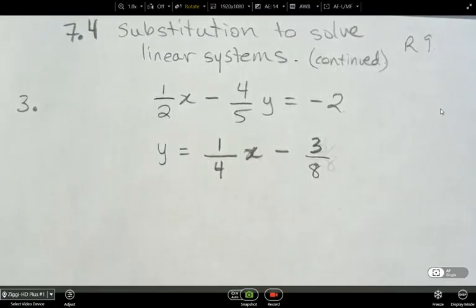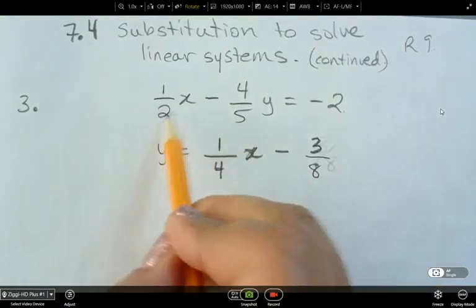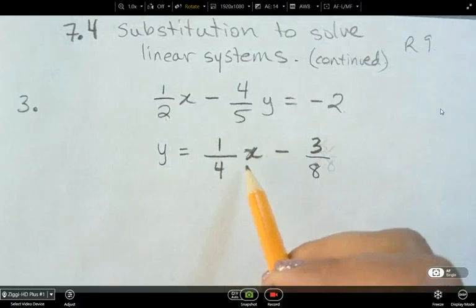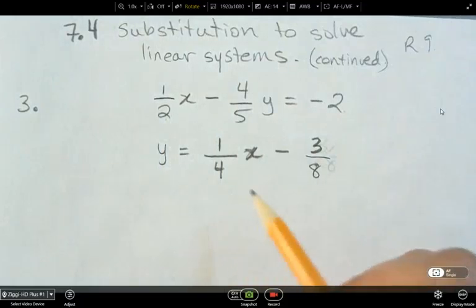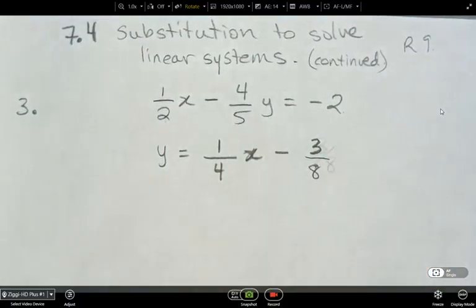Now, what we need to do is make these equations easier to deal with. Right now we've got these fractions that are kind of in our way, making it more complicated. If you're good at working with fractions and substitution, then you don't need to eliminate the fractions if you don't want to.